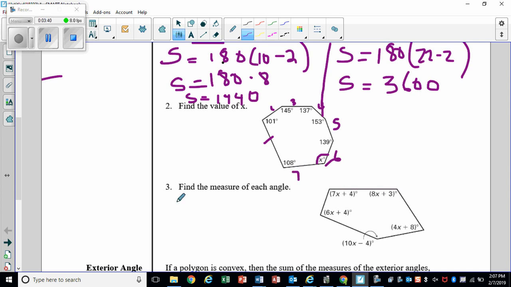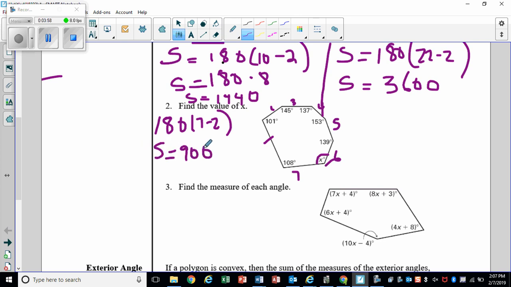Okay, so what is a 7-sided figure going to equal? So we'll just do 180(7 minus 2) first. So 7 minus 2 is 5. 5 times 180 gives you the sum of this figure, which should be 900.